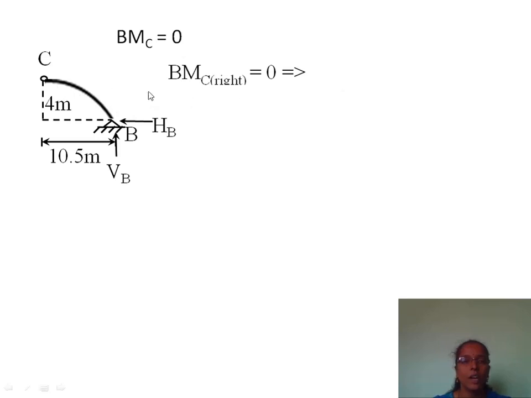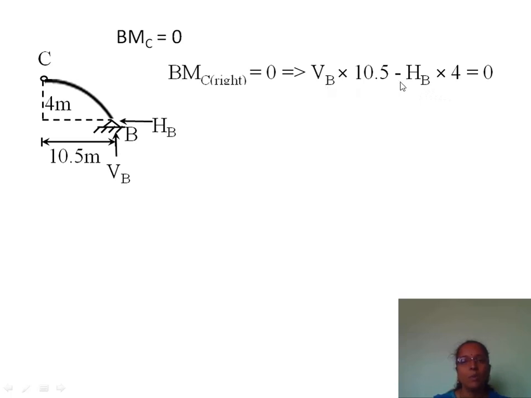The resulting equation is VB into 10.5 minus HB into 4, because VB induces a sagging bending moment about C at a distance of 10.5, whereas HB induces a hogging bending moment, therefore minus.